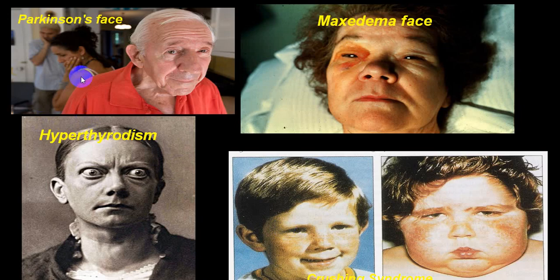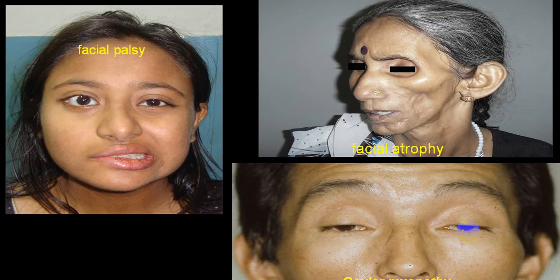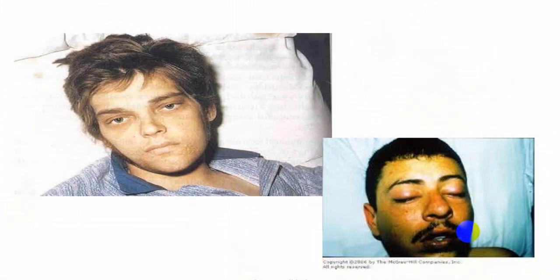Then certain peculiar faces: Parkinson face, myxedema face, hyperthyroid face, Cushing syndrome, all those you can identify. Bell's palsy, facial atrophy, ocular myopathy, ptosis, all this can be easily identifiable. Altered mental status, coma, then a person with abnormal eye position, eye deviation.